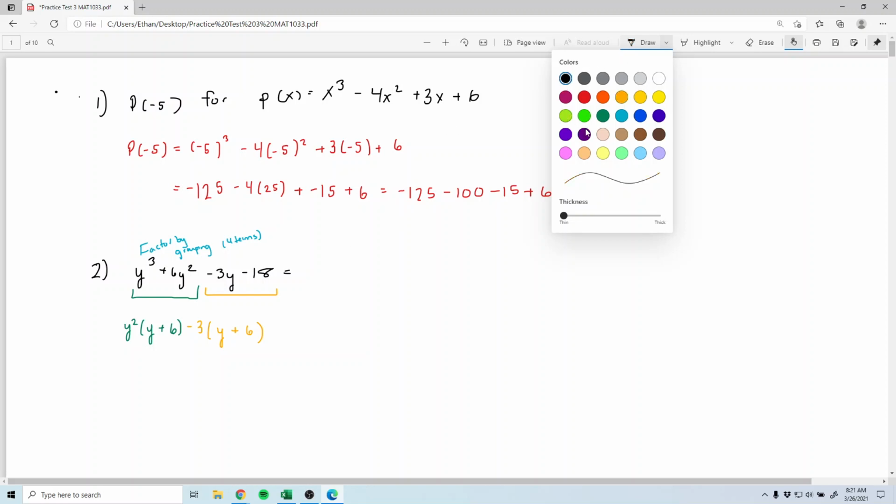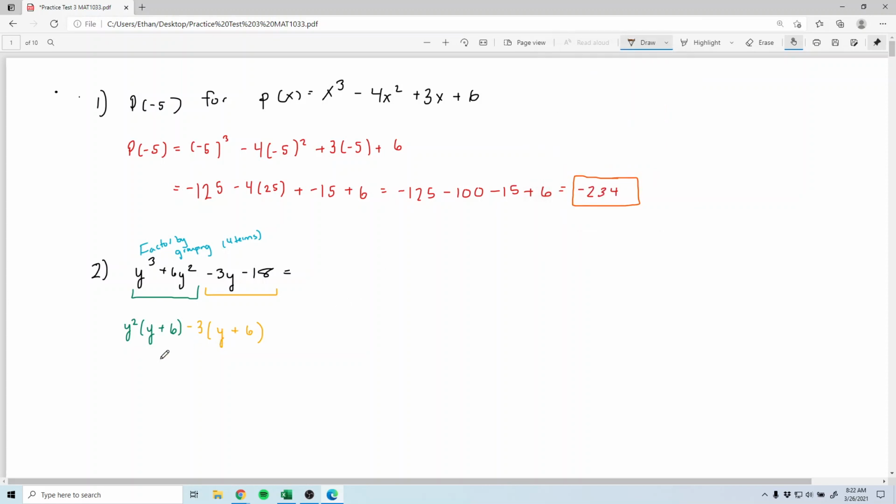Now, once you're here, the main thing you can check yourself with, did you factor correctly? Well, if these two insides are the same, which they are, that means you did it correctly.